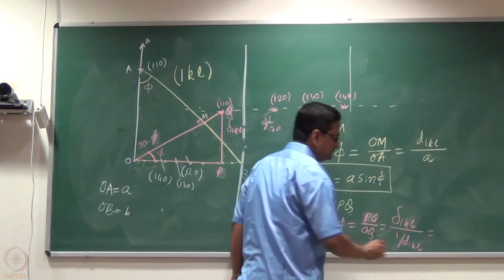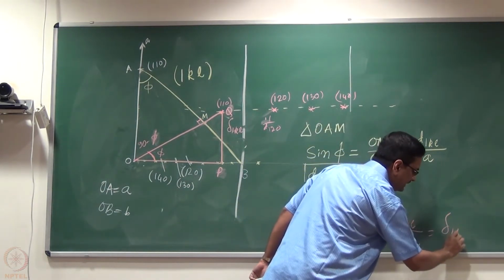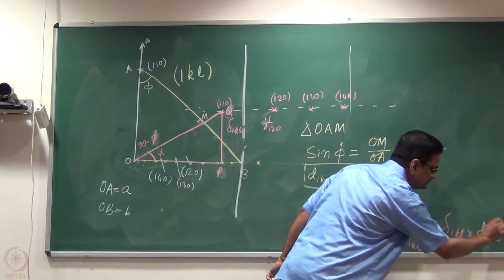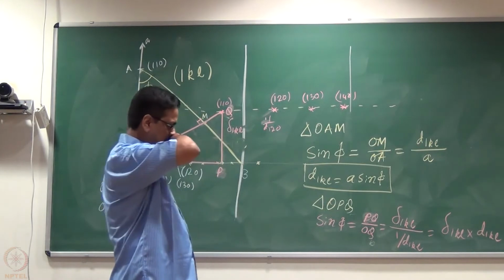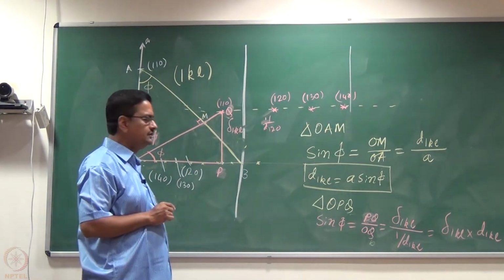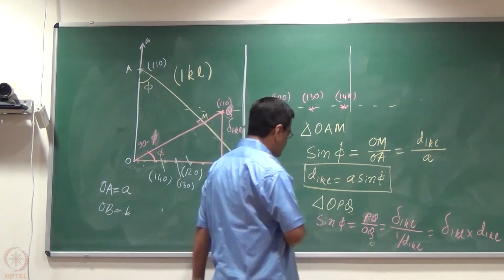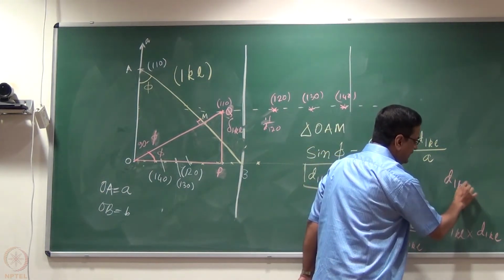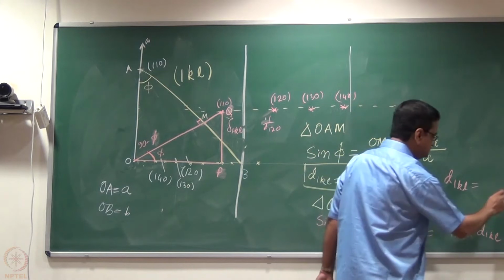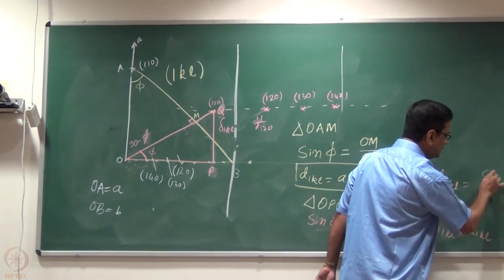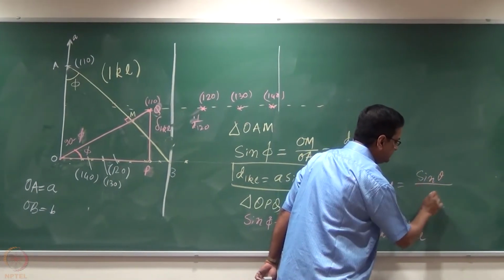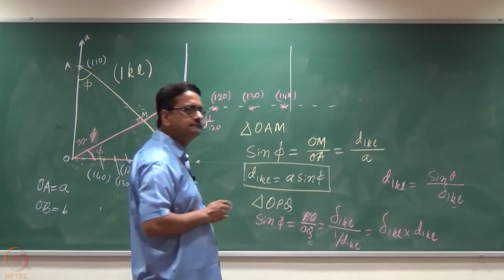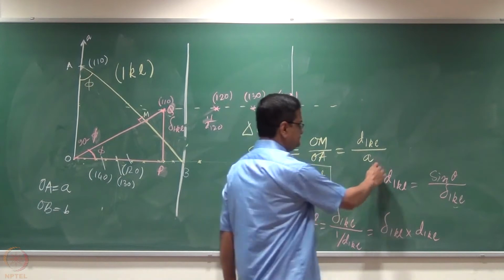Which is equal to delta 1KL into D1KL. So that means from here what we get is that D1KL is equal to sin phi by delta 1KL, right?